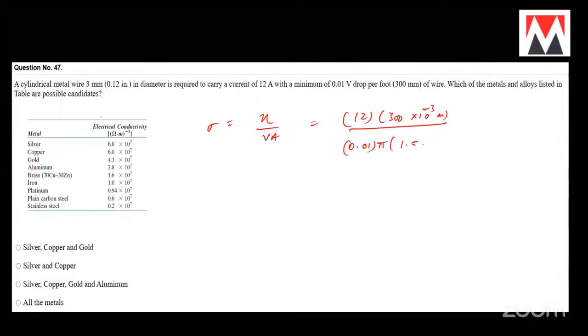Pi d square with d by 2 is 1.5 into 10 power minus 3 squared. Then sigma is 5.1 into 10 power 7 ohm meter inverse. So you need to understand, greater than this value only you can take. Which are having greater than this 5.1? Gold, copper and silver only you have. Even gold is having less than that. So the answer is only copper and silver.